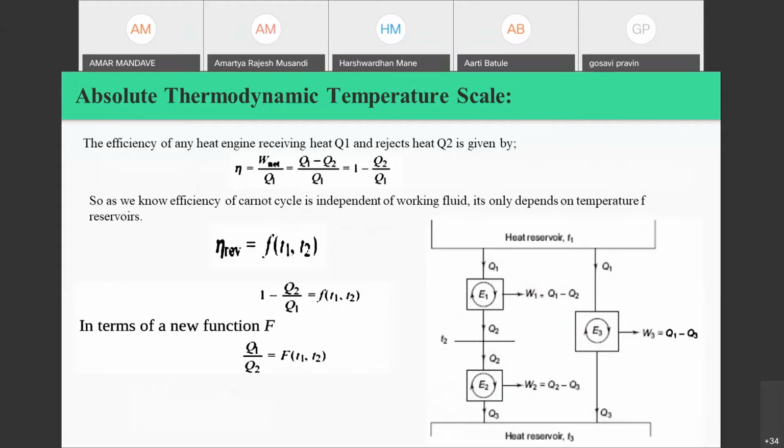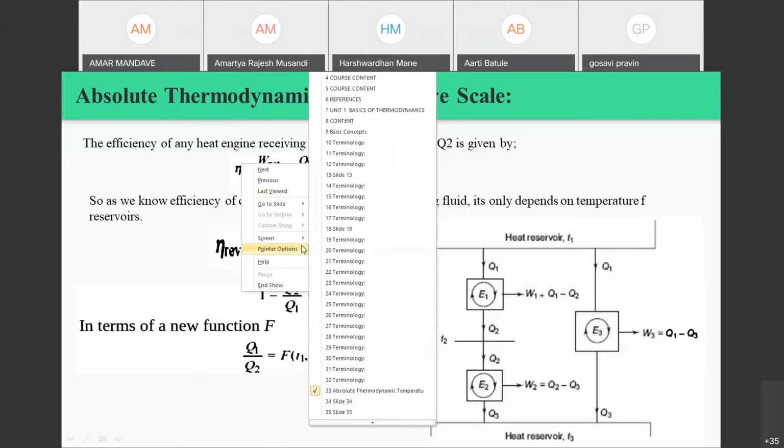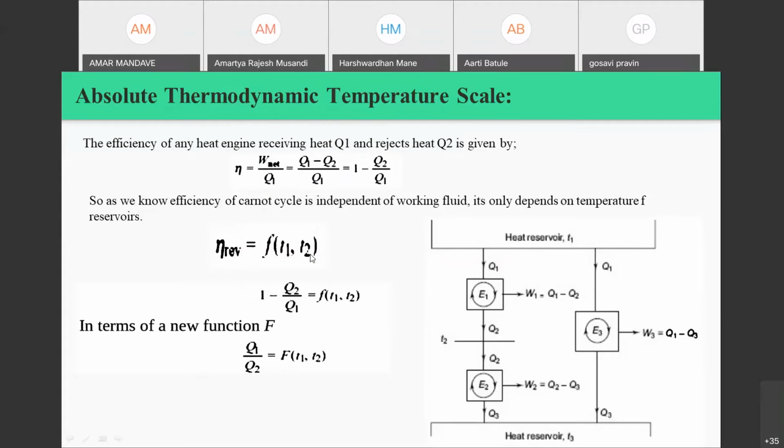Generally, when we go for the efficiency of any heat engine, the basic formula is the work output upon the energy input. So for any general heat engine, you can write the efficiency is equal to the work output upon the work input, or whatever the energy input.